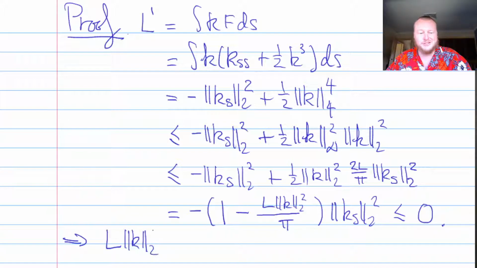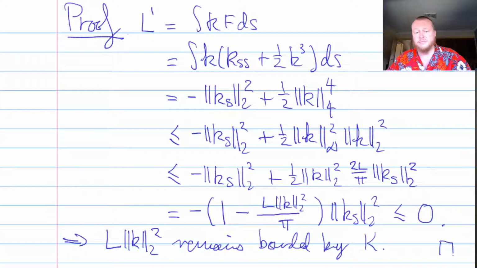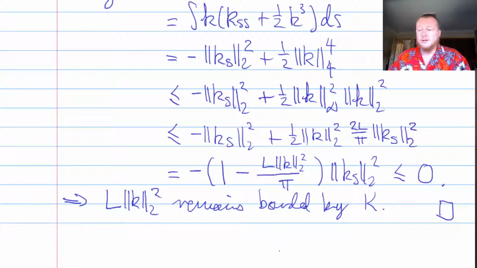So their product cannot increase. So this means this remains bounded by its initial value, by k, whatever that number might be, as long as it was smaller than pi. Okay, cool. So that was our main job for the preservation of the bound for the free elastic flow.